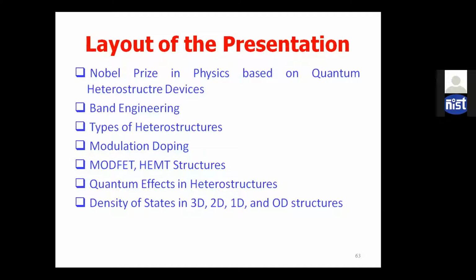Then we'll go for band engineering and types of heterostructure. The important one is modulation doping. There are also other dopings, like delta doping. Based upon modulation doping, we will go for the MODFET, the modulation-doped field effect transistor, the HEMT, the high electron mobility transistor, and the quantum effects in heterostructures.